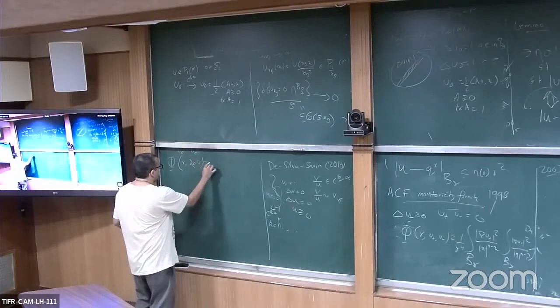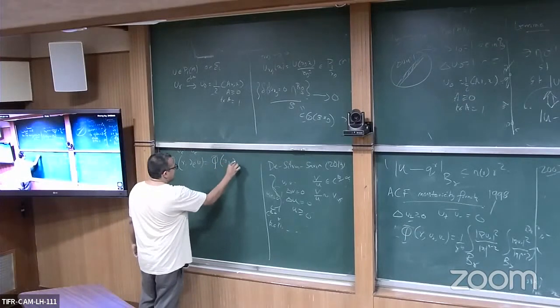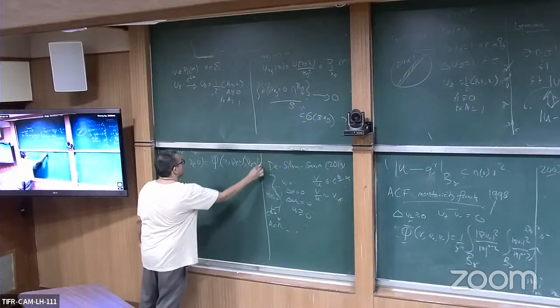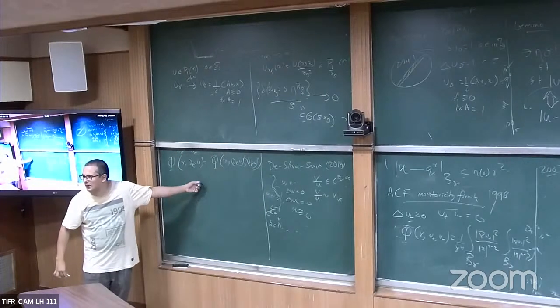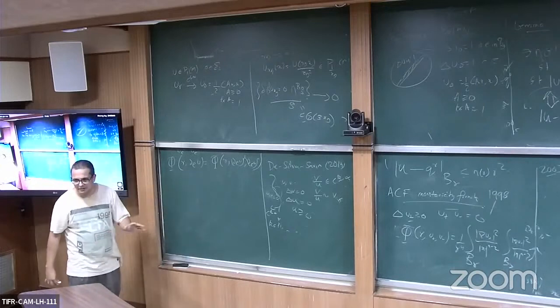This is nothing but phi of r, the Alt-Caffarelli-Friedman functional, of r, del_e of u^+, del_e of u^-. Okay, and this is just a shorthand, how you denote it, just for simplicity.